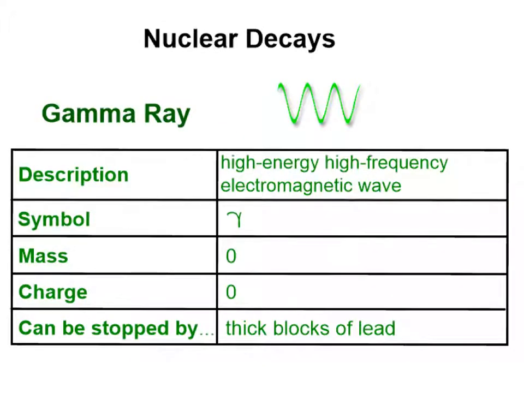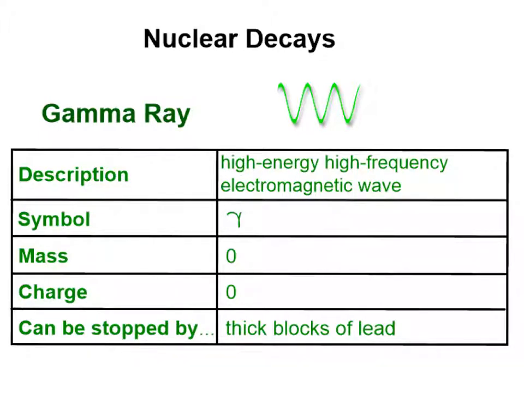And the last kind of nuclear decay we're going to look at would be gamma rays. They are extremely high energy and high frequency electromagnetic waves. Lead bricks or other heavy materials are necessary to stop them. They're usually emitted from a nucleus during alpha decay and beta decay as well.